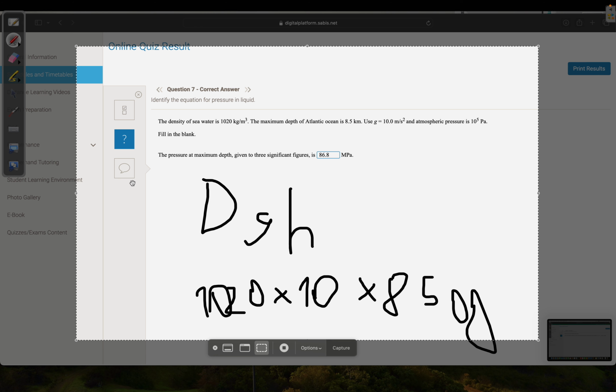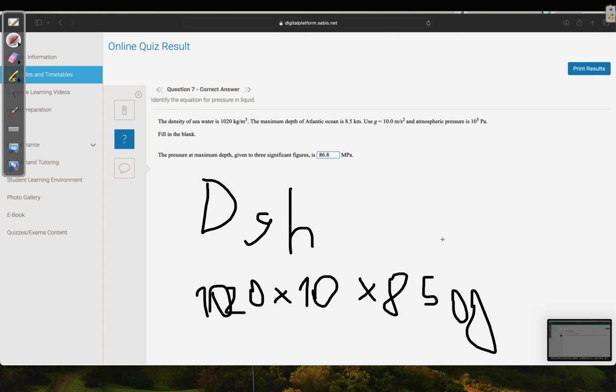Anyways, what I was going to say is that we're going to have to add 10 to the power of 5 because they said the pressure.